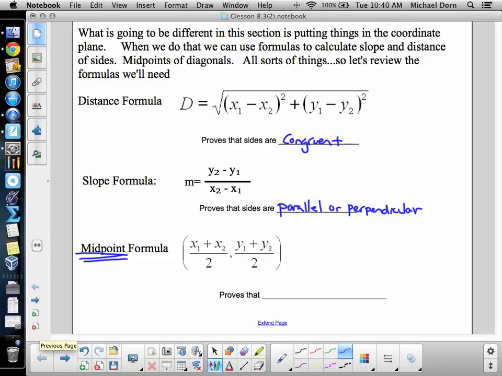And with that, once we find midpoints, we can show if things bisect each other. That happens when they have the same midpoint.